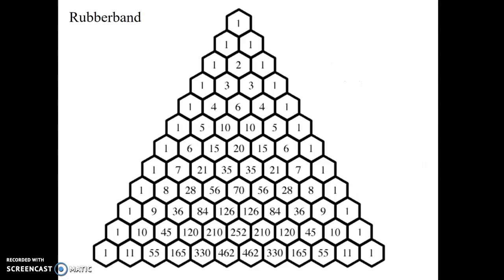The rubber band. I'm not sure why it's called a rubber band. So here, if you look at 1 and 3, 1 plus 3 is 4, and that's 2 squared. Over here, 3 plus 6 is 9, which is 3 squared. All right, 6 plus 10 is 16, which is 4 squared, and so on. 10 plus 15 is 25, which is 5 squared.